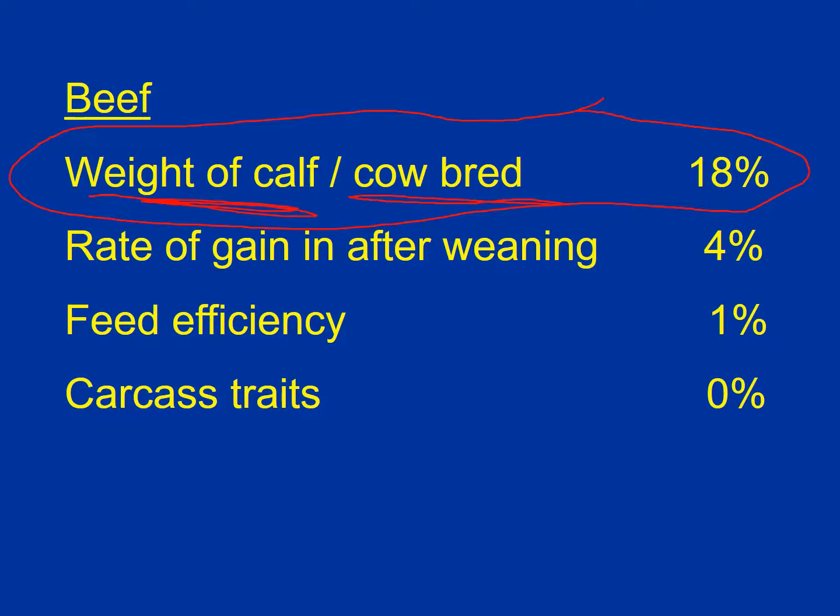There's going to be heterosis as far as viability of that calf. And then there's heterosis for that calf to gain a lot and for the cow to milk more as well. So 18%, that's a pretty big advantage. Rate of gain after weaning, well, that's only 4%, not real big. And then for carcass traits and feed efficiency, again, we don't see very much heterosis or advantage for crossbreeding for those traits.